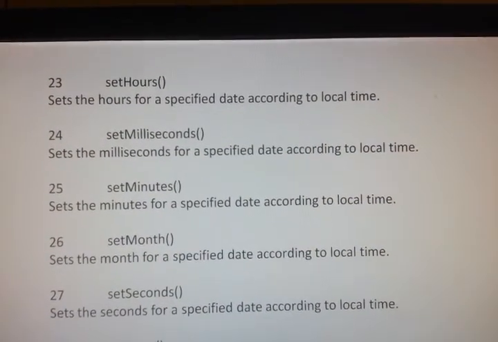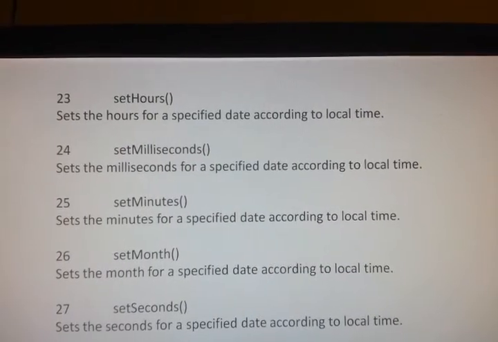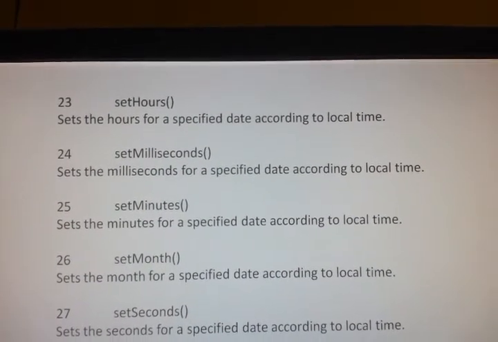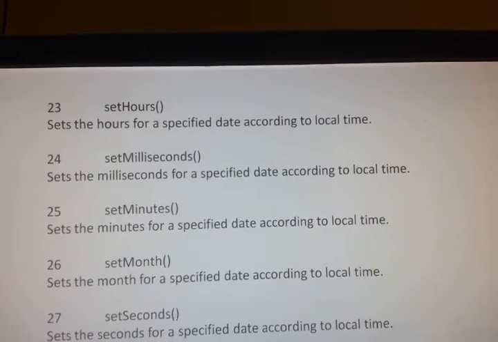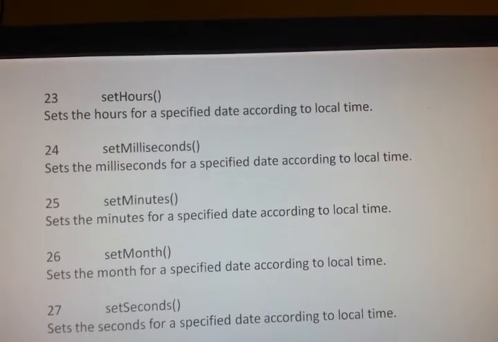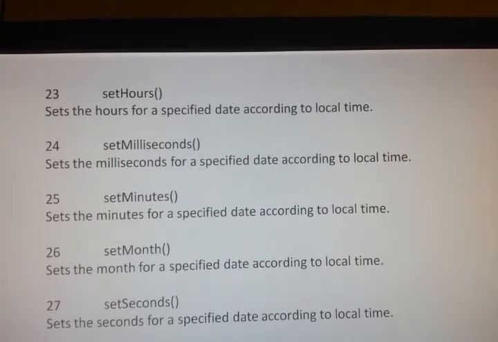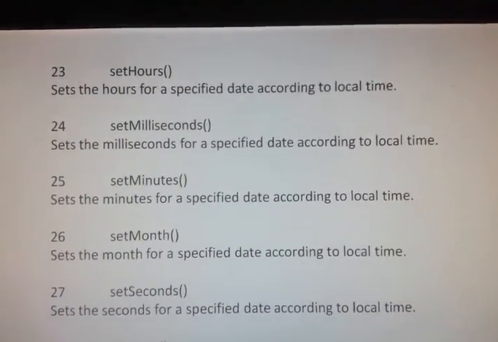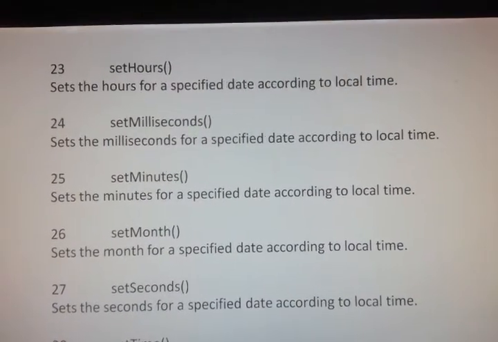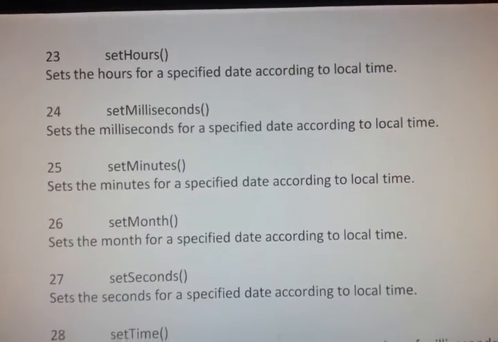Next, setHours sets the hour for a specified date according to local time. Next, setMilliseconds method. It sets the milliseconds for a specified date according to local time.